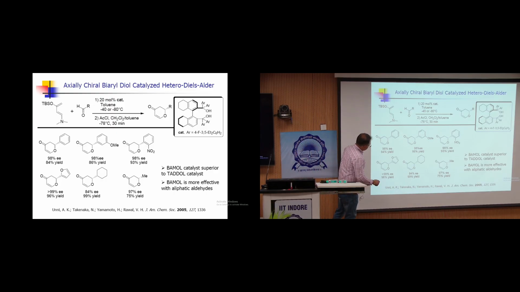And you can see 98% enantioselectivity, 97, 99, 96%, 86%. See, there was a place where we had to think about 30% enantioselectivity. But you see, slowly it has tadol, then comes bamol.